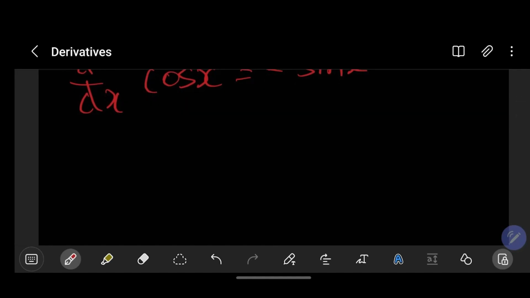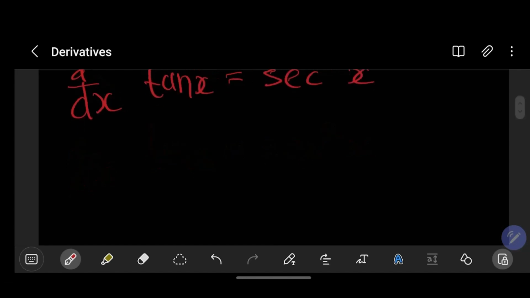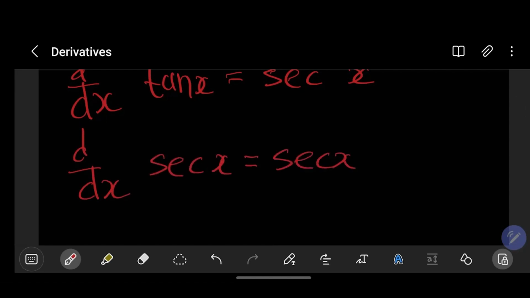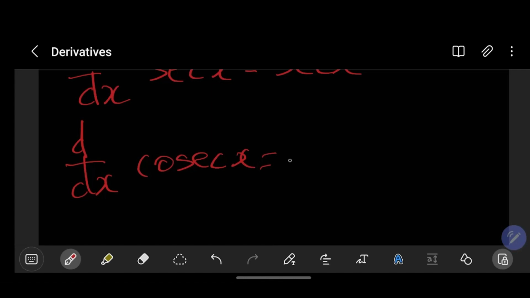Now, if we have d/dx of tan of x, that's equal to sec squared x. d/dx of sec of x, that's equal to sec x tan x. The derivative of cosec x, that's equal to minus cosec x cot x.